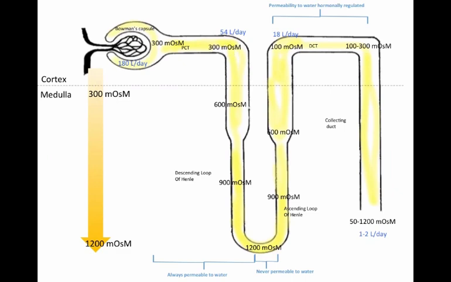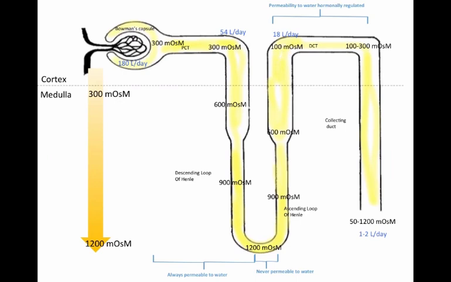Then we move down the descending loop of Henle and go up the ascending loop of Henle, and what you can see is the filtrate now gets saltier and saltier till it gets to about 1200 milliosmolar, and then it starts to get more and more dilute until finally we get to an osmolarity of about 100 milliosmolar, and about 18 liters a day reaches this far.